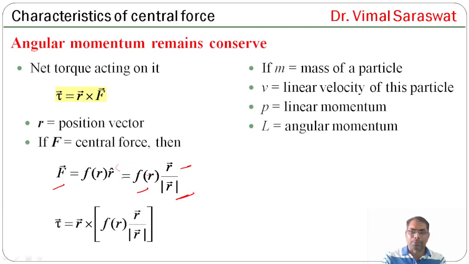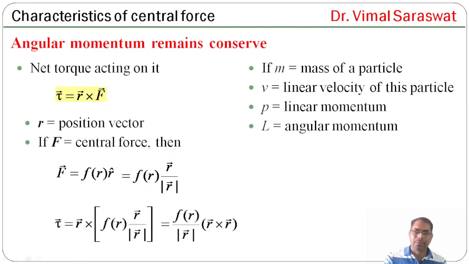Now, we substitute this value of capital F here. So, torque acting on the particle tau equal to r cross f(r) into vector r upon magnitude r. Since f(r) and magnitude r are scalar quantities, we take them out from here. So f(r) upon magnitude r into vector r cross vector r.